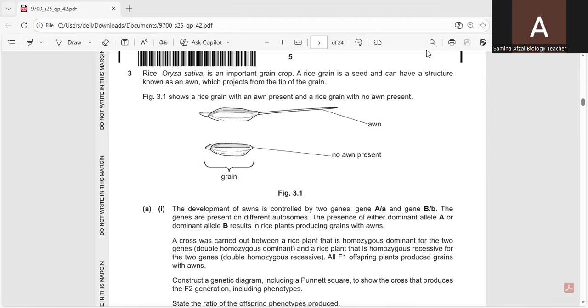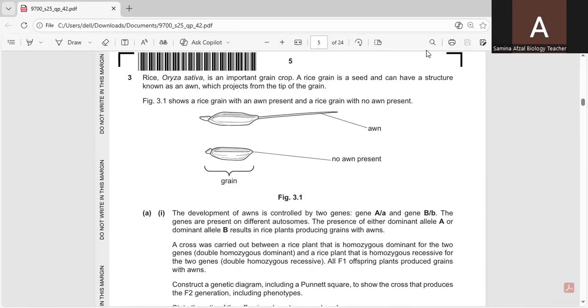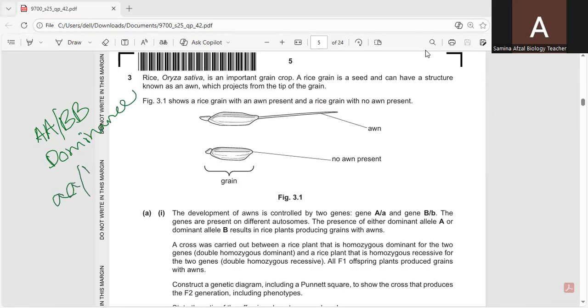Here, the capital letters show the characteristic of dominance, whether it is capital A or capital B, and small letters show the recessive characteristic.